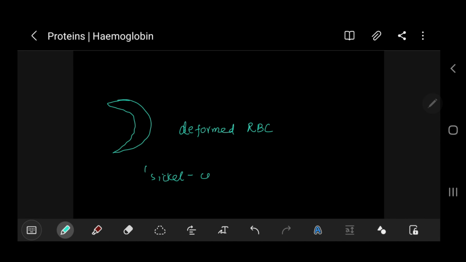When the angular cells clog tiny blood vessels, they block them and hence impede the blood flow. That's why the person suffering from sickle cell anemia has this sickle cell crisis.